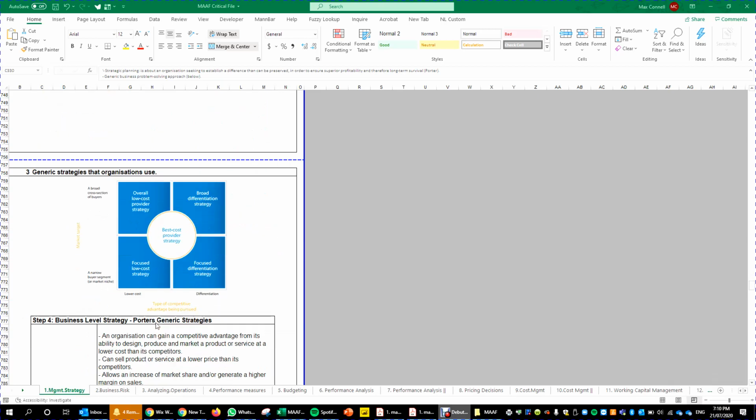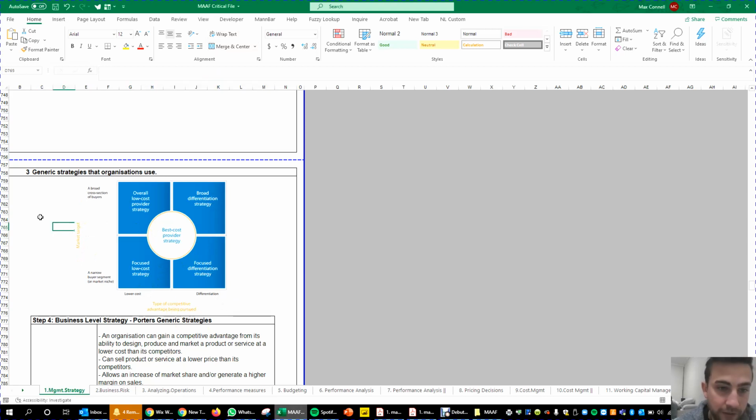These can be summarized in this 2x2 between target market and competitive advantage. If your target market is every consumer, you're more likely to be in the top half, so broad. And if it's a narrow niche segment, it's probably going to be focused.